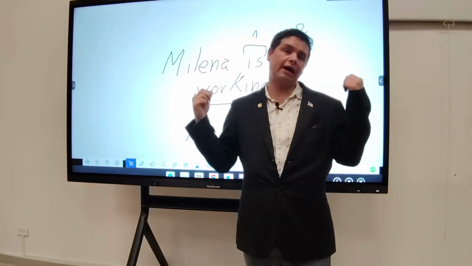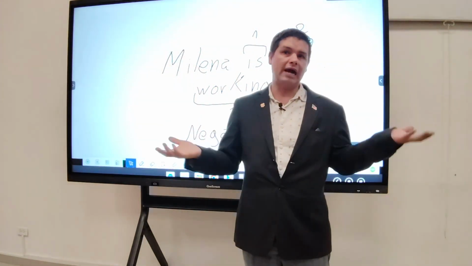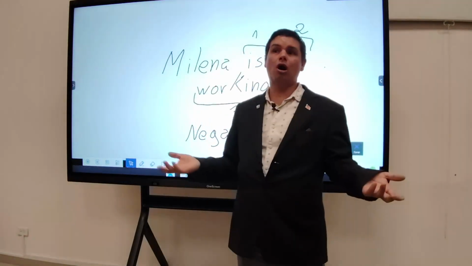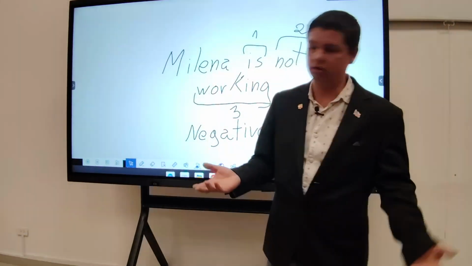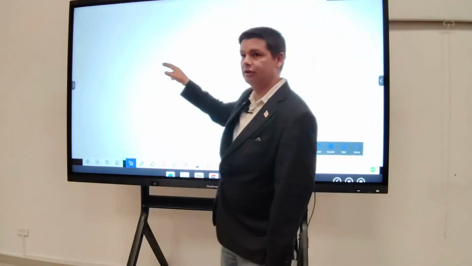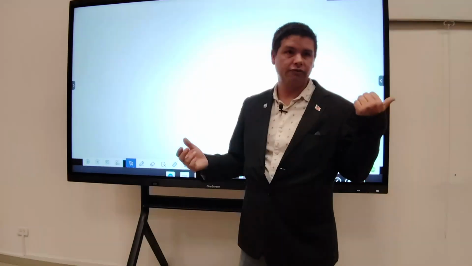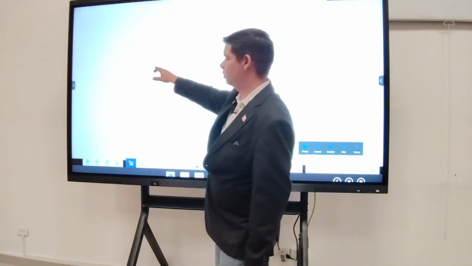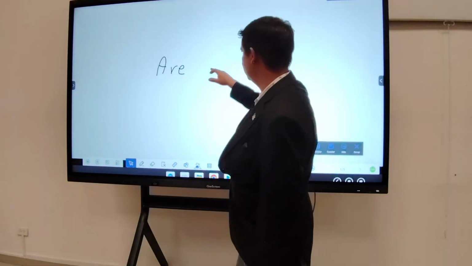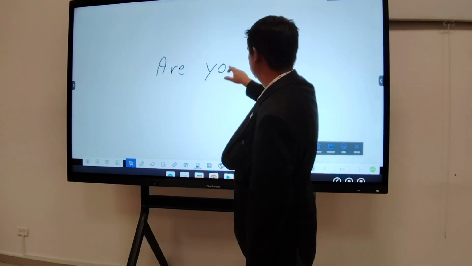And one more. We have another format or type of sentences, which would be the interrogative sentences, or the questions. And for that, we have the verb to be first, as in, for example, are, and then the personal pronoun, you.